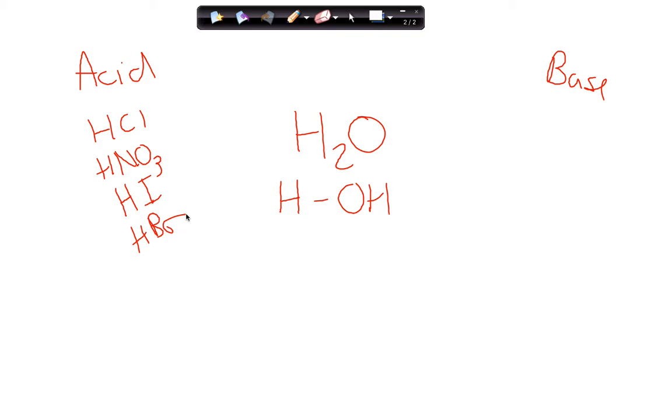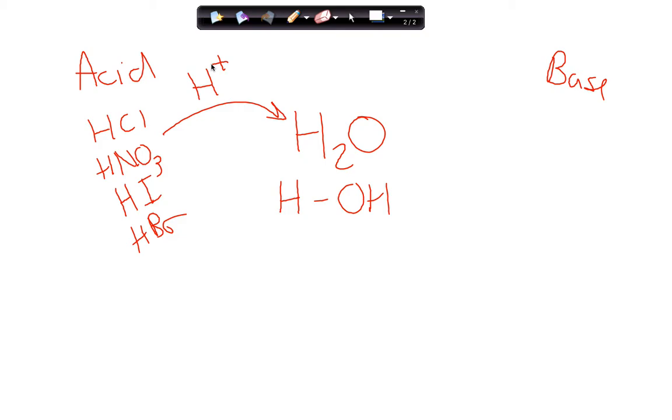All that it means to be an acid is that it's better at giving away hydrogens than water. Water has an affinity for hydrogen. Water is the point of reference. So if you're an acid, you give away hydrogens better than water does.